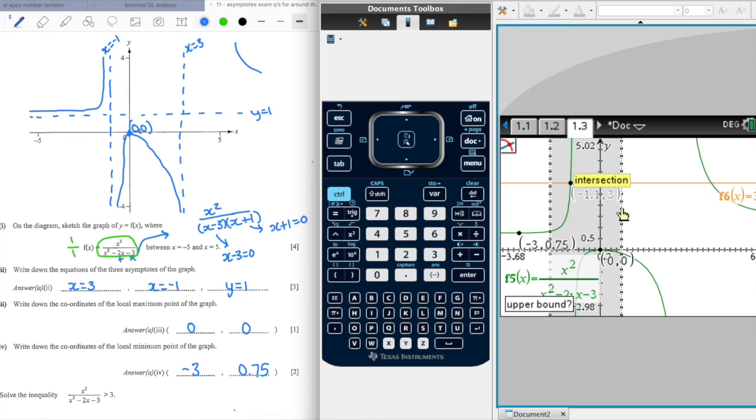So -1.1. Just going to sketch it onto my curve. So it's a bit higher. Something like that, where this carries on. So the first one's at -1.1 and 3.